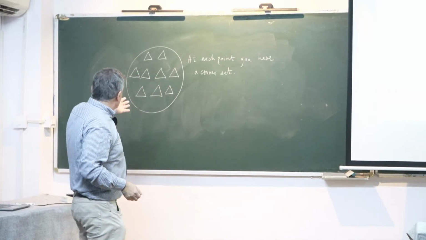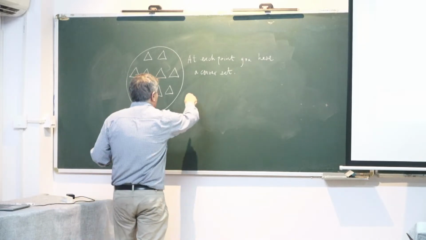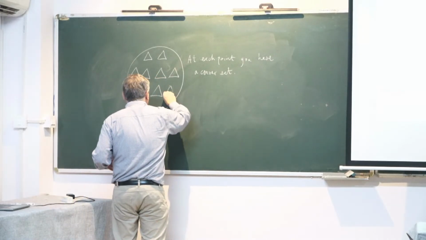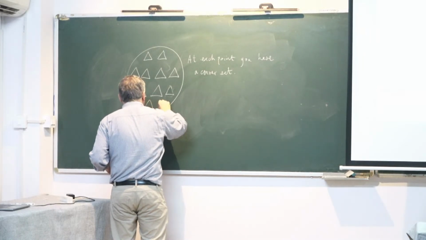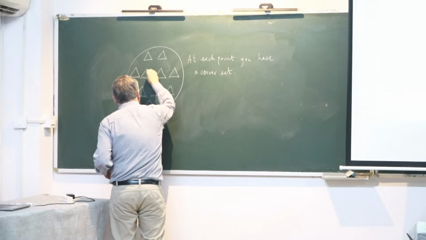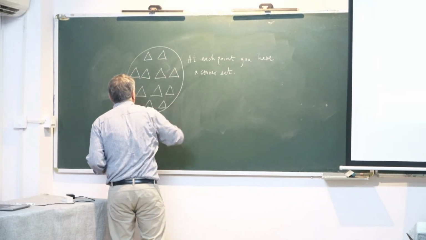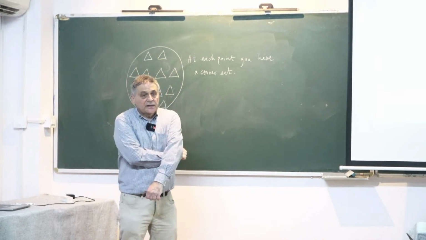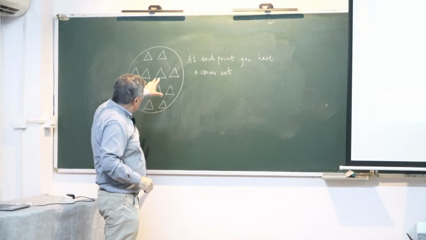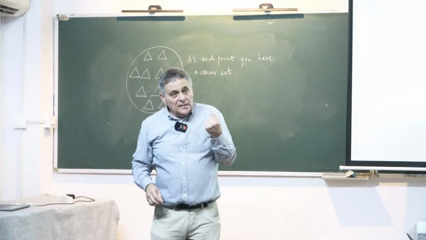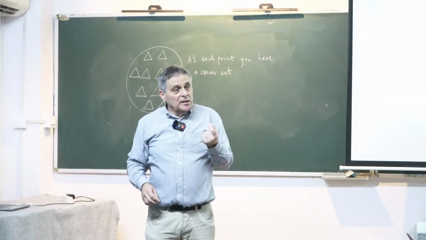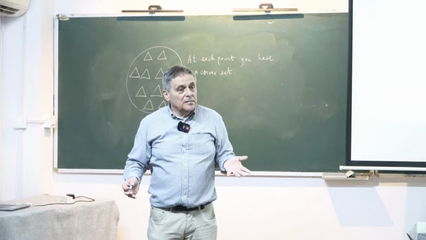And at each point you have a convex set. I'm taking this same equilateral triangle at every point, centered at this point. And then I tell you that this convex set is the unit ball of some norm.